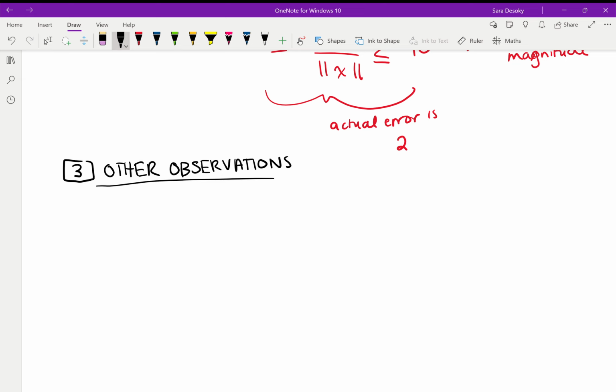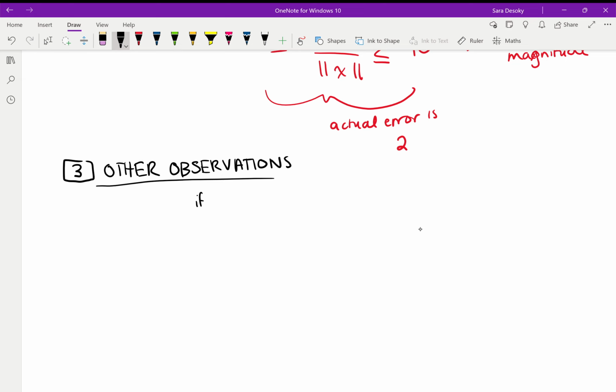So for instance, if the condition number is 10 to the 3, that means that the last 3 significant digits in your answer are quite possibly corrupted by error. If your condition number is 10 to the 8, that means you've lost 8 digits to possible error in your answer.